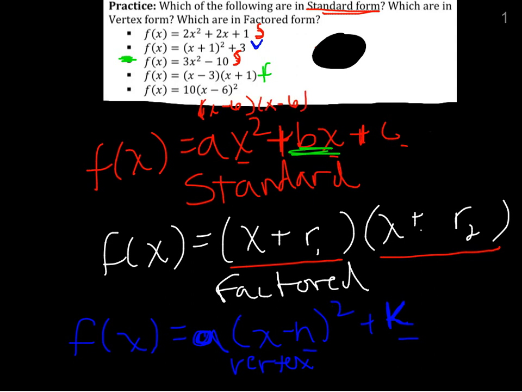But really that's not how it's written, so it's kind of a stretch to say it's factored form. However, vertex form fits pretty well, because if we had plus 0 at the end, you don't typically write plus 0 because adding 0 to something doesn't change it. So we would just write 10 times x minus 6 quantity squared. So this one, the most accurate answer would be vertex form. So there you go.